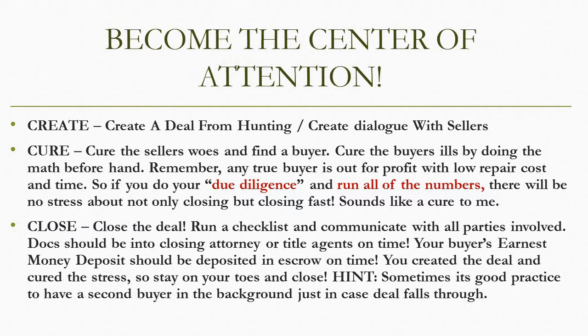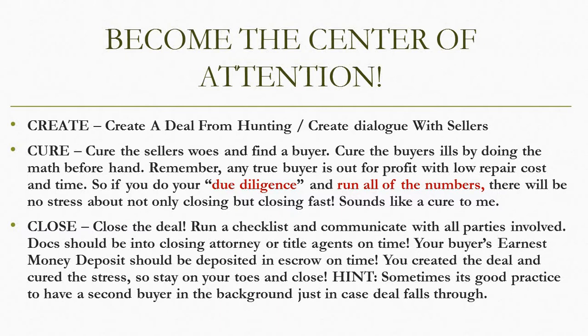Now, I suggest that sometimes you have a second buyer in the background just in case a deal falls through. There are many different reasons for deals to fall through. It could be a title issue. It could be the buyer had a partner who backed out and he's stuck by himself.